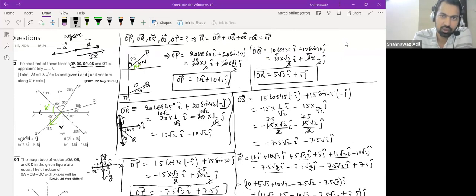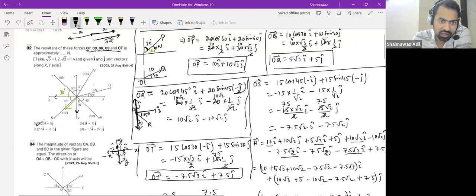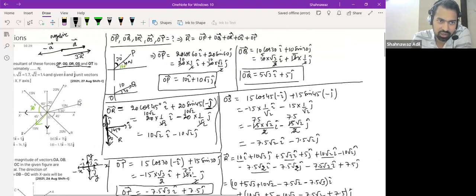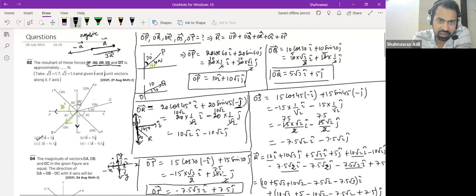So any doubt in this question? This was just the simplification, right? This was just for practice because you have five vectors and you just simplify. So please note down the question as well as the solution. And whenever you have completed, please tell.